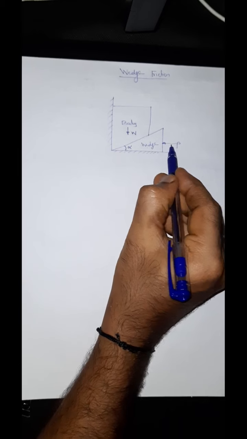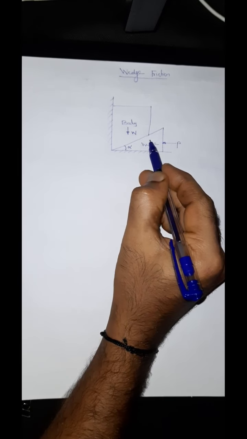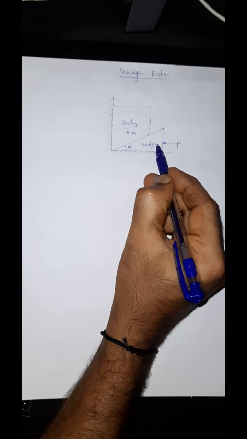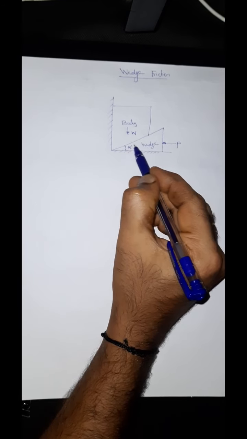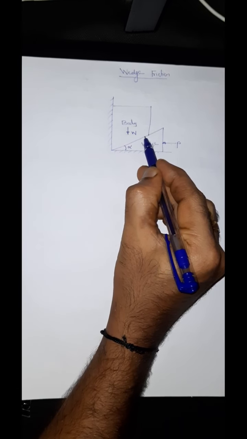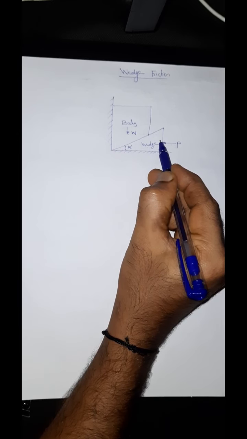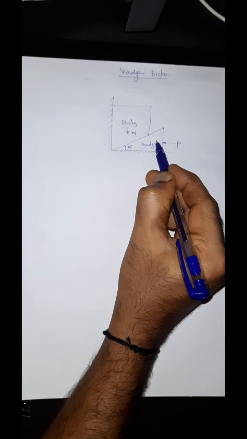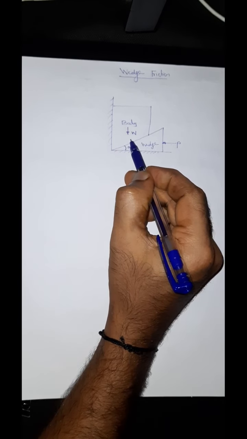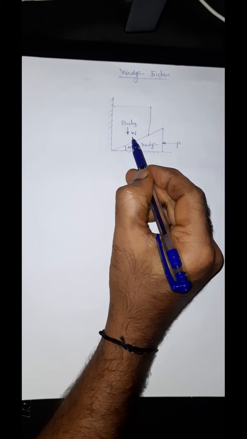When you apply a force towards the negative x direction, what will happen? This wedge tries to go towards the left. Because it is a tapered shape, when it tries to move towards the left, it will lift the body.